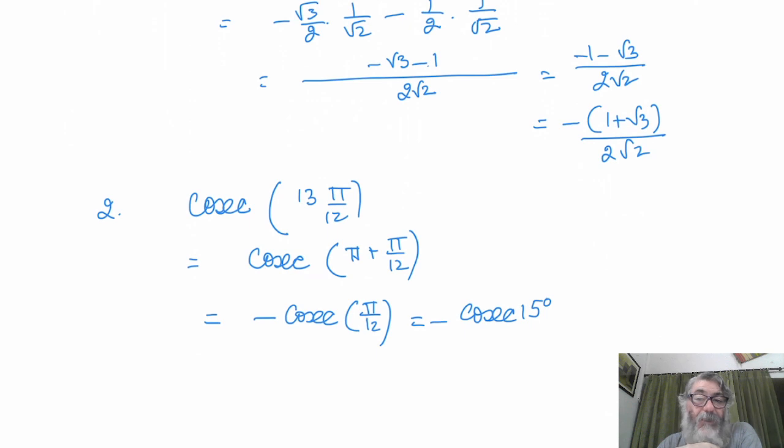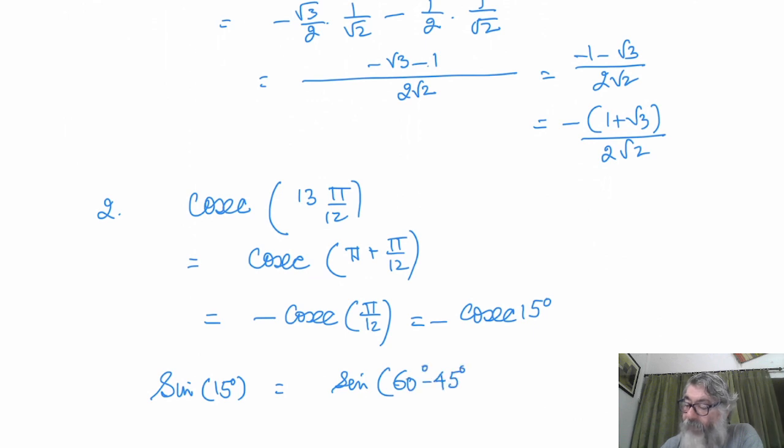Cosec 15. Now we don't know what cosec 15 is, so we must calculate sin 15. The formulas are for sine, cos, tan, cot. There are no cosec formulas. So what we will do is sine 15. If you remember, we did it in the first question, sine 60 minus 45.